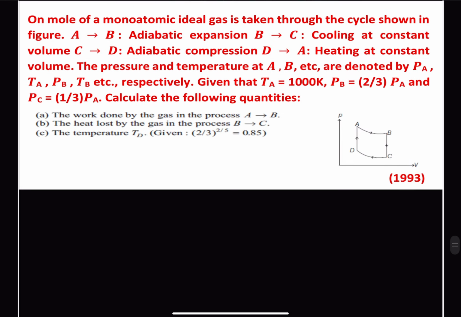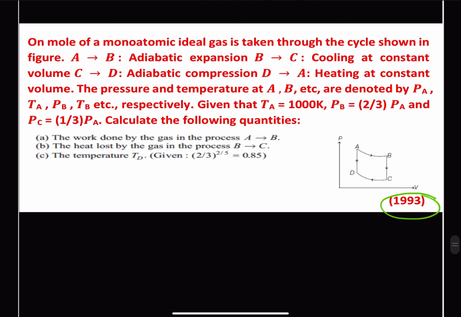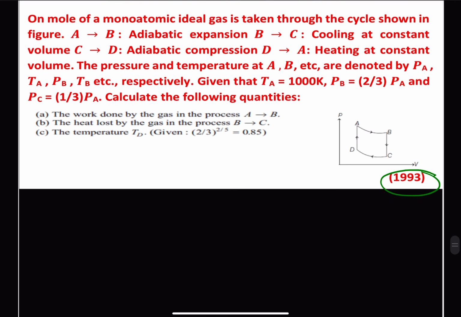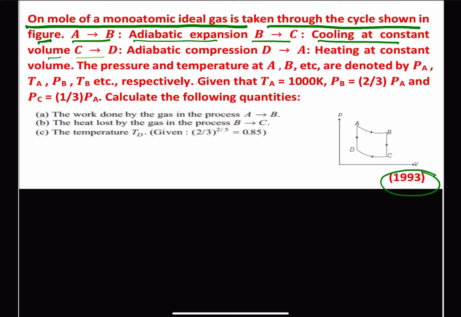Next question. It was asked in the year 1993, and it states that 1 mole of monatomic ideal gas is taken through a cycle shown in the figure. A to B is adiabatic expansion, B to C is cooling at constant volume, C to D is adiabatic compression, and D to A is heating at constant volume.